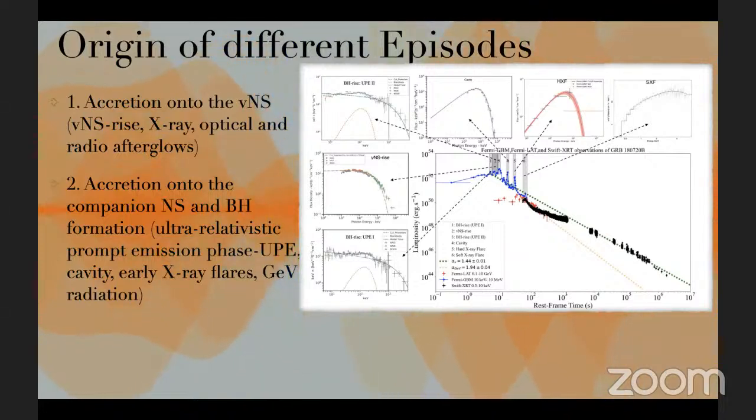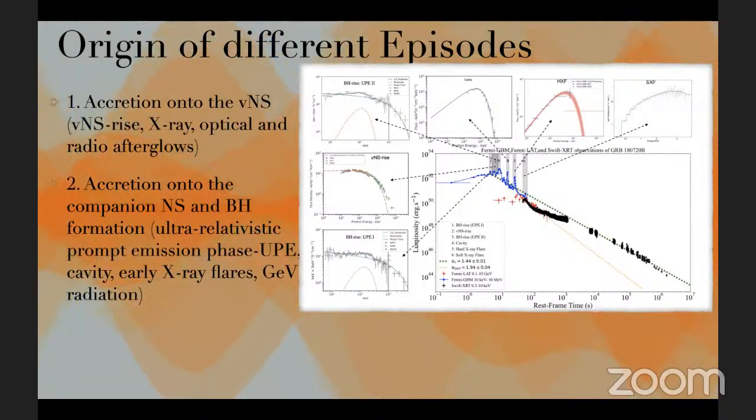In the case that the black hole is not present, then the UPE phase, the first phase, the UPE1 and the UPE2 are missing. And also the JEV radiation is missing.